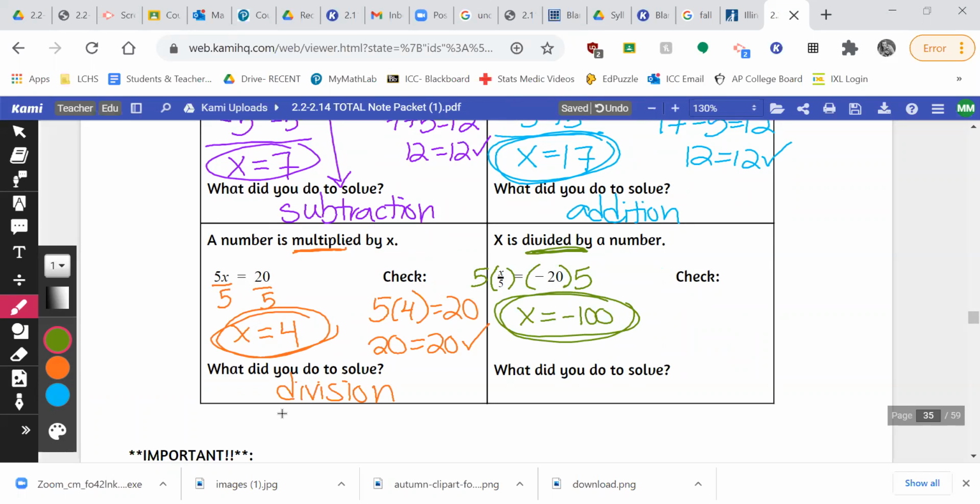So to solve this one, I multiplied. And to check it, we're going to have negative 100 over 5 equals negative 20. And yes, negative 100 divided by 5 is negative 20.